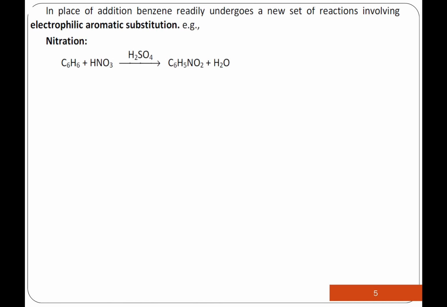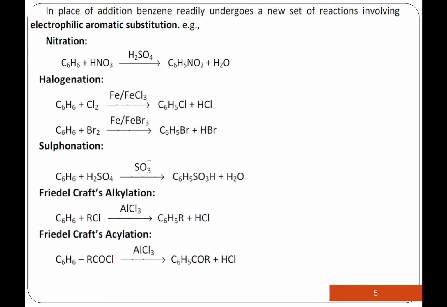So in place of addition, benzene prefers electrophilic aromatic substitution because of its very strong aromaticity and stability. And there are 5 different types of reactions: nitration, halogenation, sulfonation, Friedel-Crafts alkylation and Friedel-Crafts acylation, which we are going to discuss.